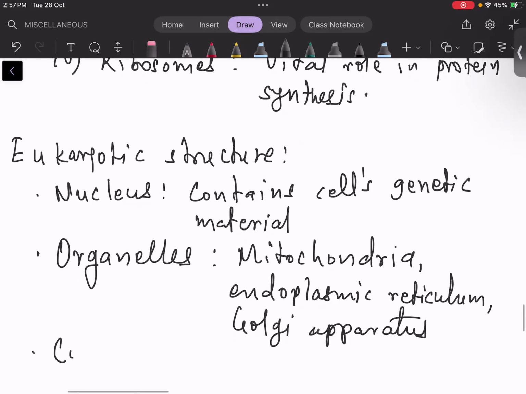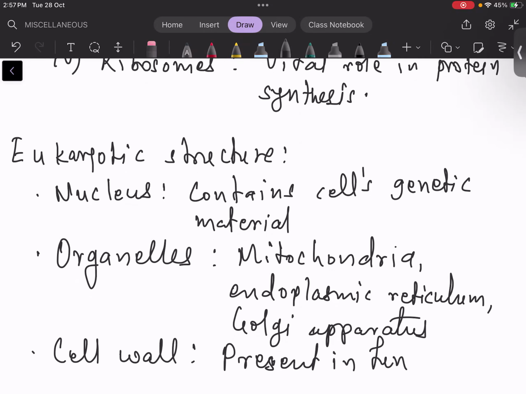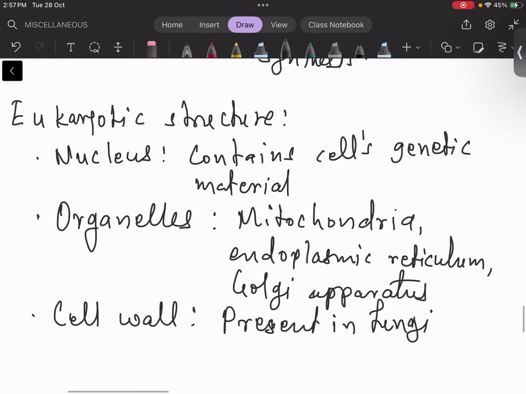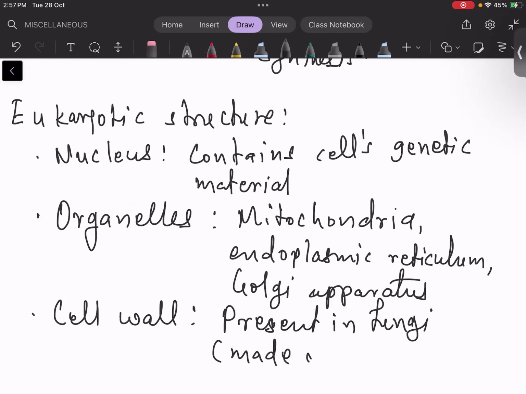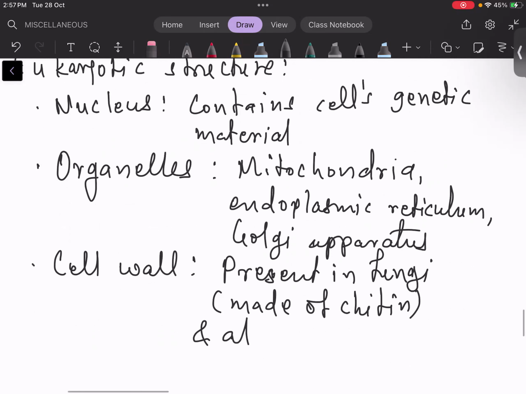The next, they also consist of a cell wall, present in fungi, made of chitin, and also present in some algae, but not in protozoa.